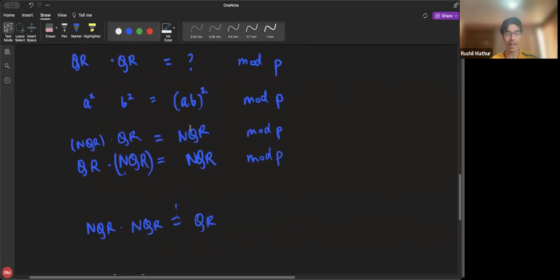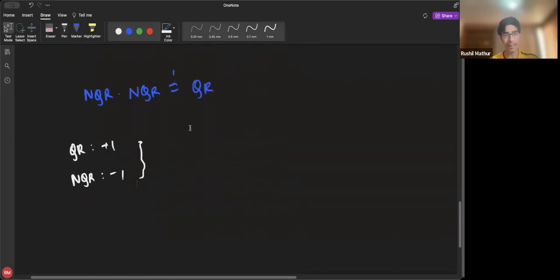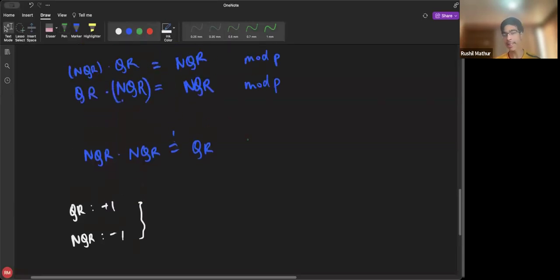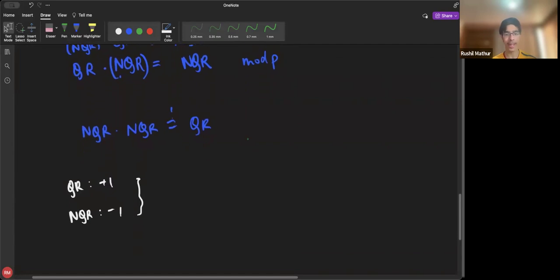But for now, actually, let's think a little bit more about why this is true. So the thing is, when a number is a QR, and this is going to be a common theme through the lecture, it's very easy to think of a number that's a QR because you can just say it's literally some number squared. But when you have to say that it's not a QR, that's very vague, right? How do you say that?